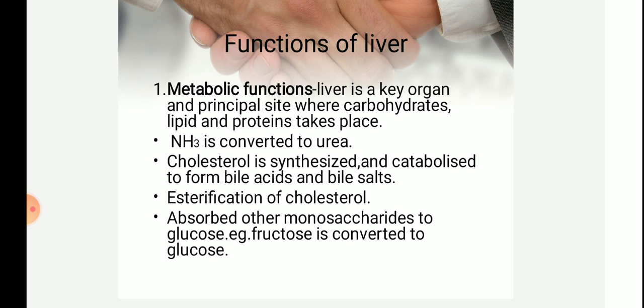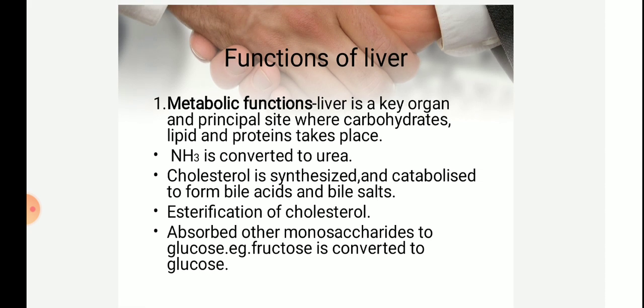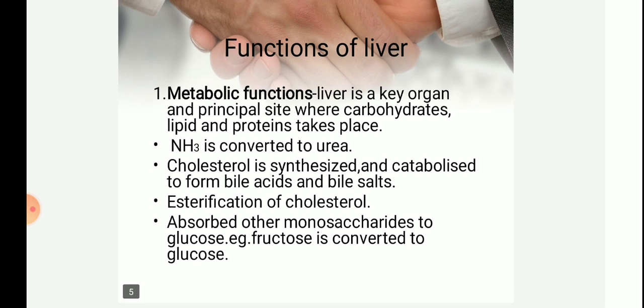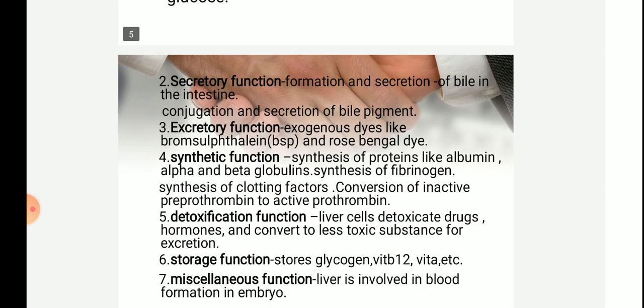So serum cholesterol levels are also an indicator, indirectly reflecting esterification of cholesterol. Other absorbed monosaccharides are converted to glucose, so fructose is converted to glucose, all these basic functions. So assays of these biochemical substances are of utmost importance.